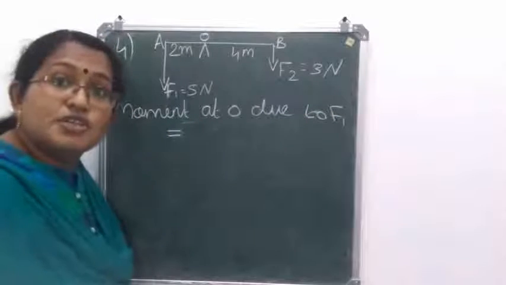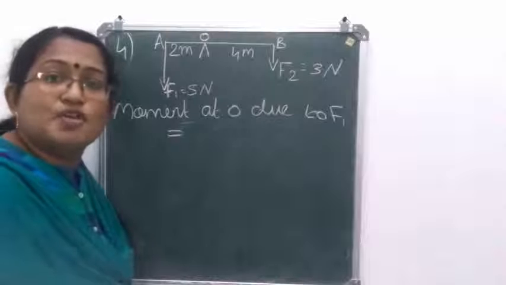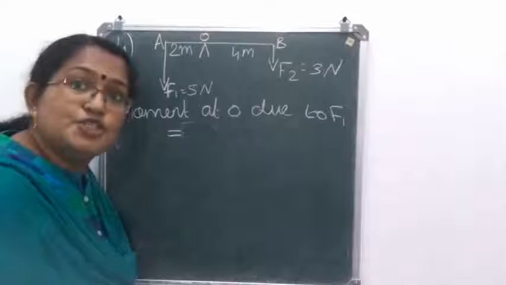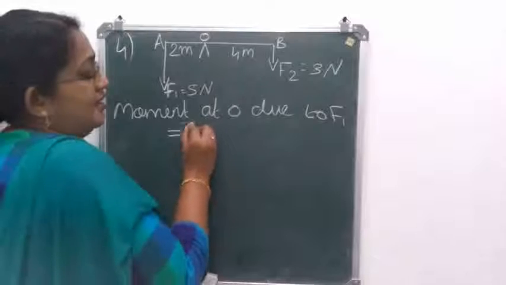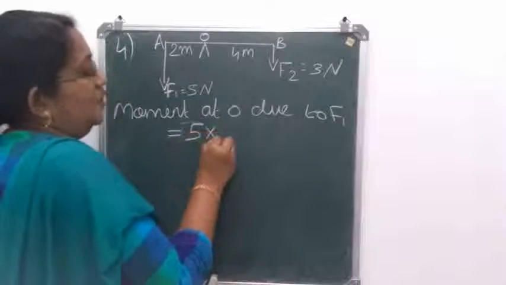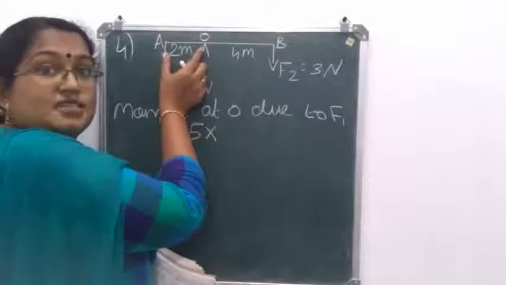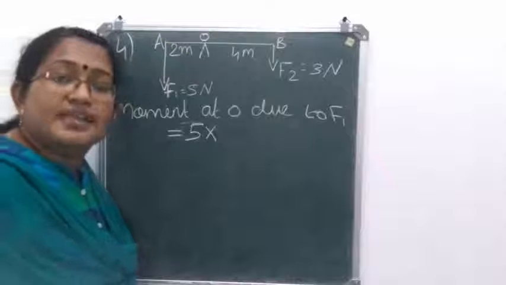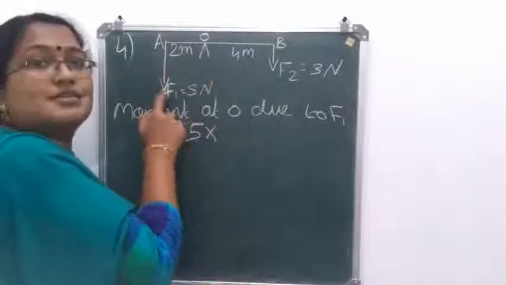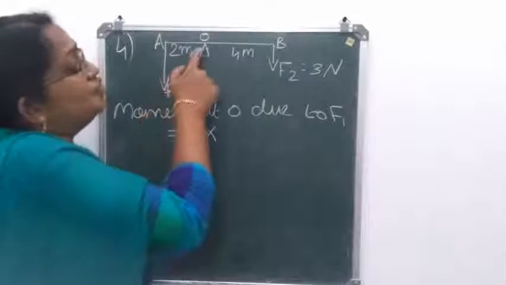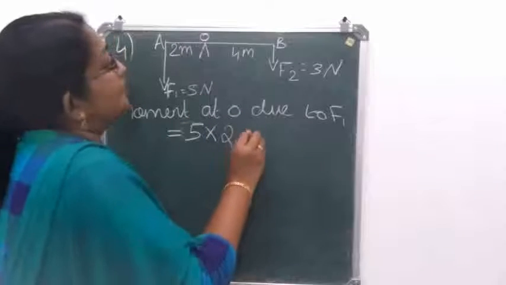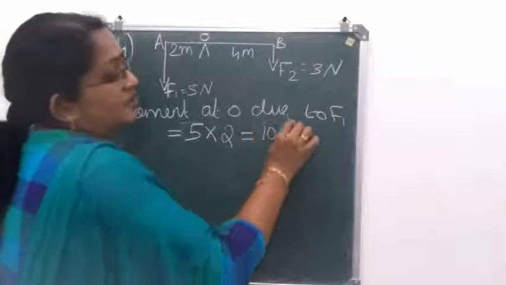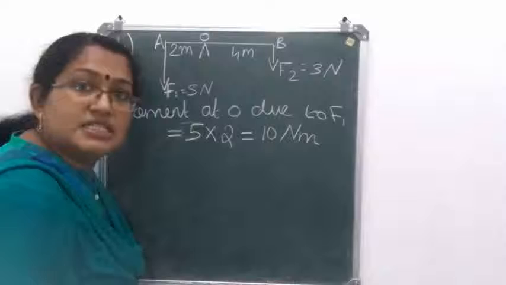So what is the equation for moment of force? Moment of force is equal to force into distance, isn't it? So how much is the force F1? Force is 5 Newton. Now the distance, already I told you, when you are finding the distance, it should be the distance between point of application of force and the pivot. So here it is 2 meter. So 5 into 2, which is equal to 10 Newton meter.